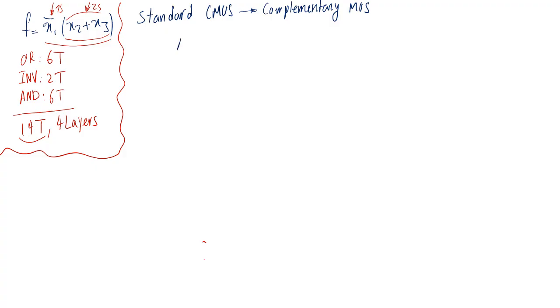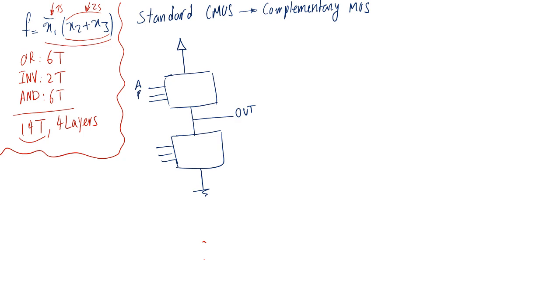If you remember, I talked about the pull-up and pull-down networks, right? One of them pulls the output down to ground, and one of them pulls up the output to VDD, and the inputs are connected to both of them. Remember, there were 2 forbidden states for these pull-down and pull-up networks.